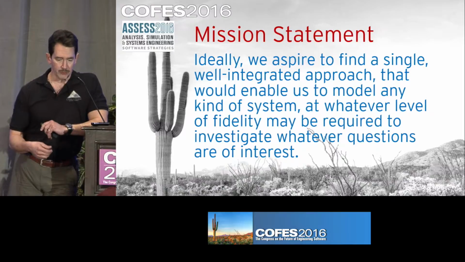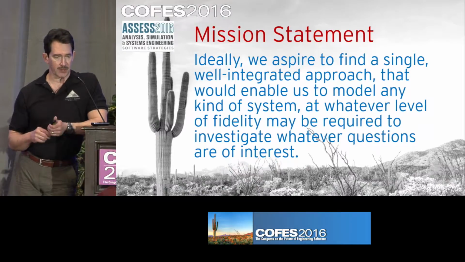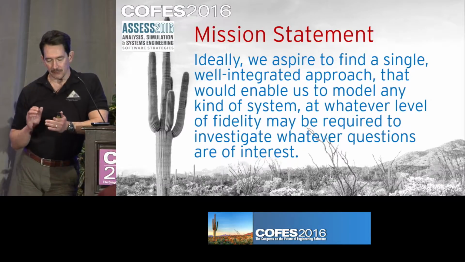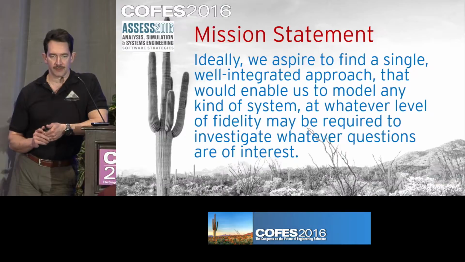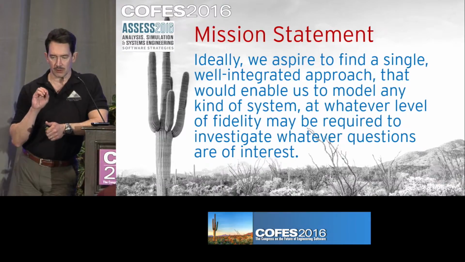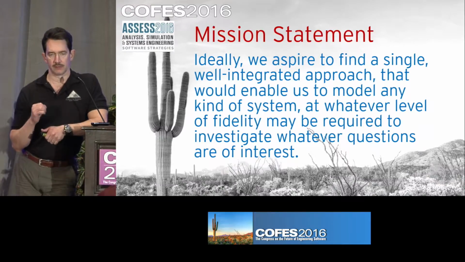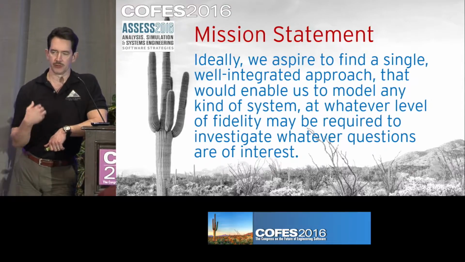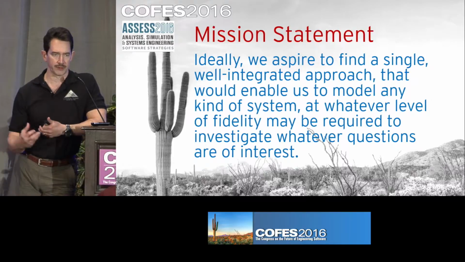I'm the one who came up with this statement, and maybe just because I'm stubborn, everybody else signed off on it. My thought was not that you have to use only the approach that works in an integrated way to describe the entire system. You can have domain-specific languages, domain-specific tools that work well within that domain.